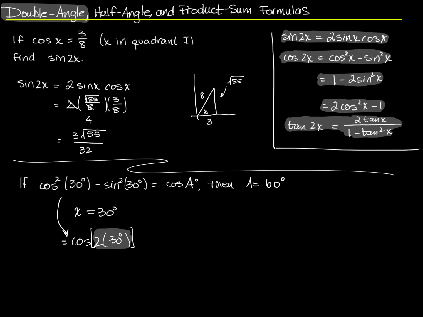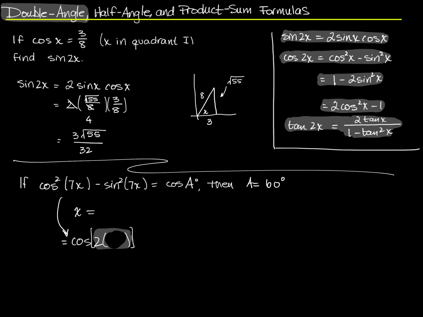What if instead of an actual degree measure here, though, I gave you something like the cosine squared of 7x minus the sine squared of 7x. And I said, well, now what is a? Well, again, the fact that that's in the form of the right-hand side of this formula tells me that x must be 7x. That's a little misleading.